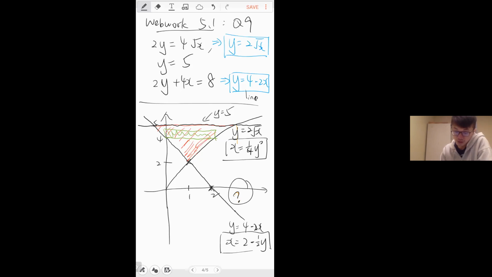And so when you set up the integral, we know that the lower limit is 2, the upper limit is 5. But which one minus which one? Let's call this one the first one and this one the second one.